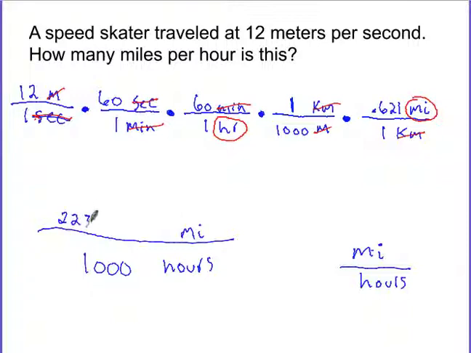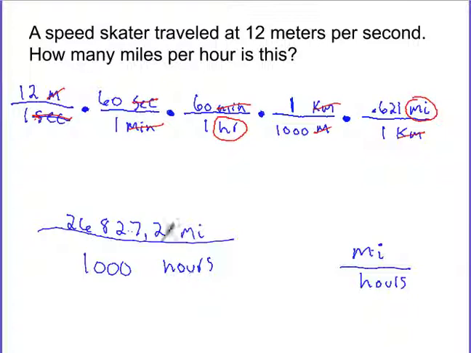Wait. No, it's got to be a bigger number than that. Okay. 26,827. Yeah, that's what I got. Okay, say that again, Austin. 26,827 and 2/10. Okay, I like that better.